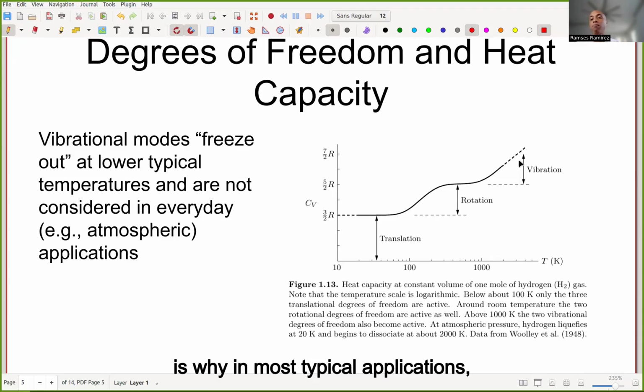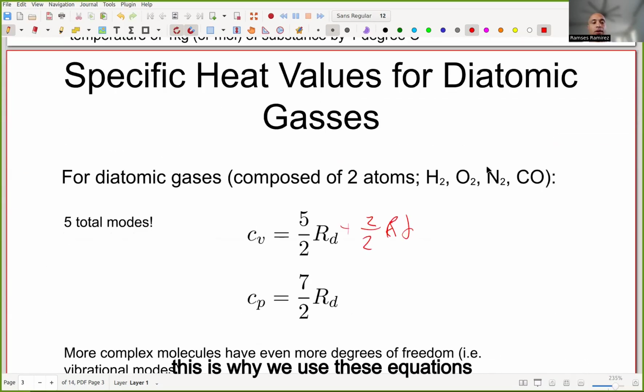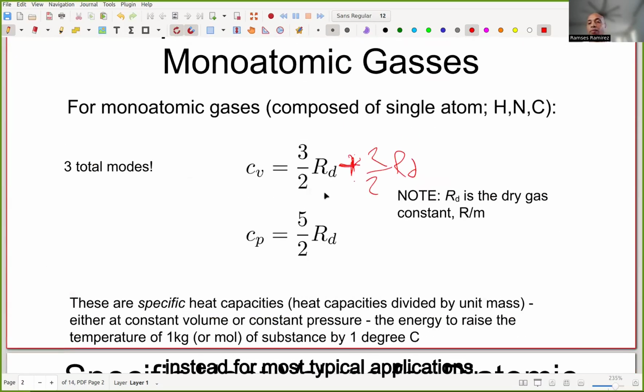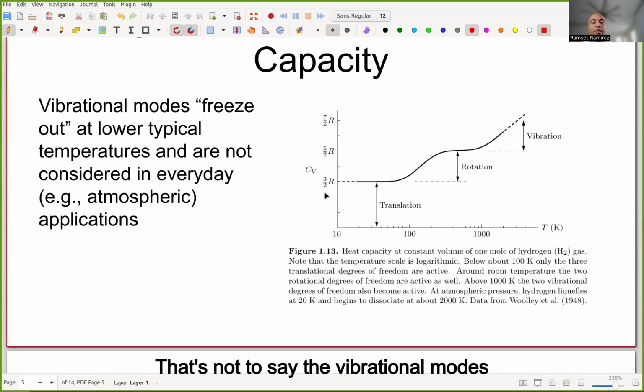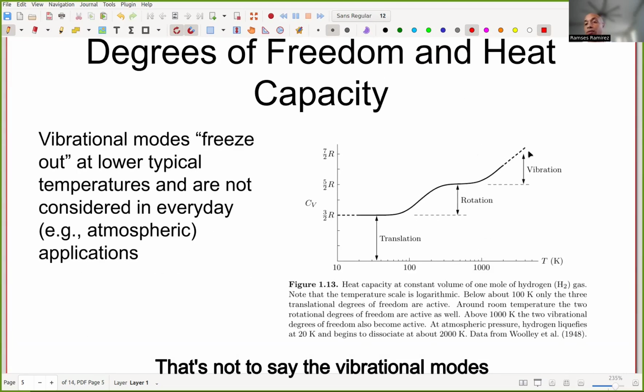So this is why in most typical applications the vibrational modes don't figure into heat capacity calculations, and this is why we use these equations instead for most typical applications. That's not to say the vibrational modes don't matter.